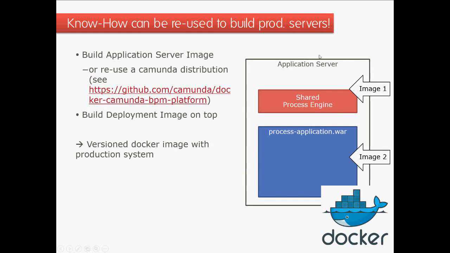So you could have the naked server as one Docker image, and we actually provide a couple of Docker images ourselves. You can easily run all the distributions of Tomcat or JBoss via Docker. And then you can have your own image, which adds your deployment on top of that.